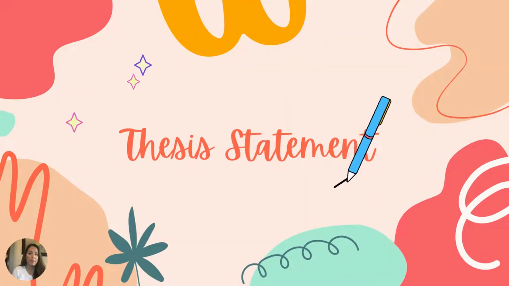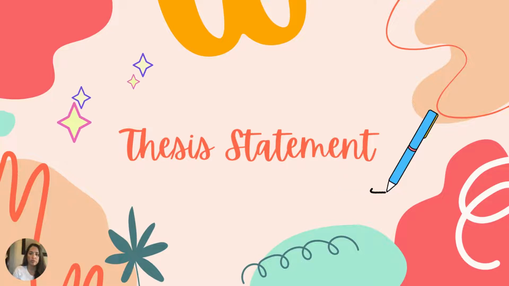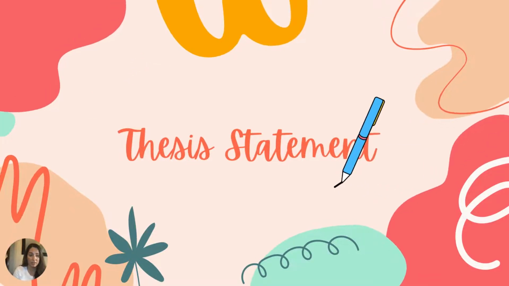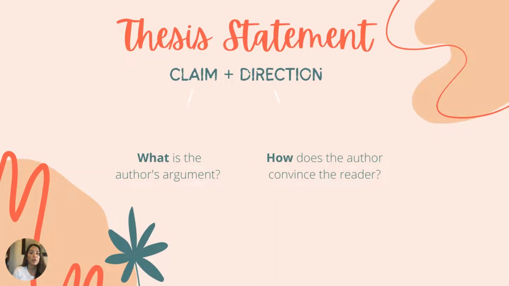Once you have spent time considering the argument, rhetorical situation, and the author's choices, you are ready to write the thesis statement. Your thesis statement should make a claim and provide direction for the essay. The claim should answer what is the author's argument, and the direction should answer how does the author convince the reader.